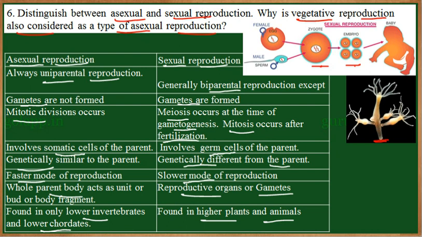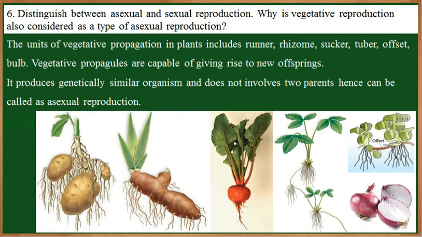Now coming to the second part of the question, why is vegetative reproduction also considered as a type of asexual reproduction? The term vegetative propagation or vegetative reproduction is only used for plants.